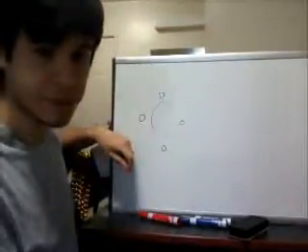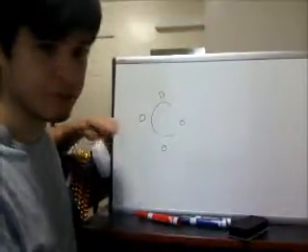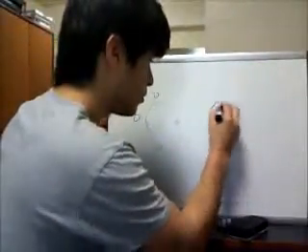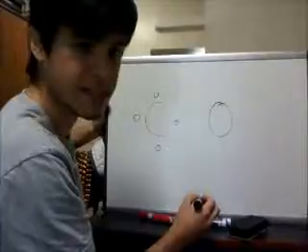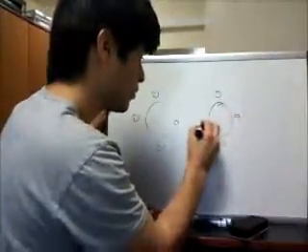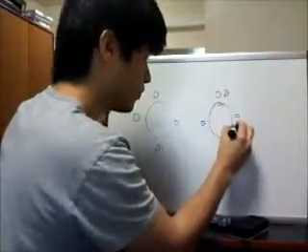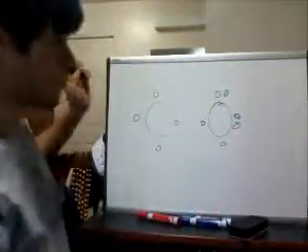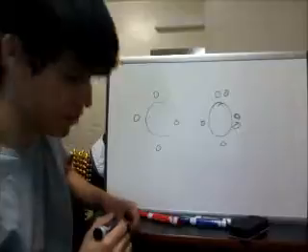So carbon, which is in group 4A, has 4 valence electrons. Oxygen, which is in group 6A, will have 6 valence electrons. So drawing Lewis structures is as simple as that.